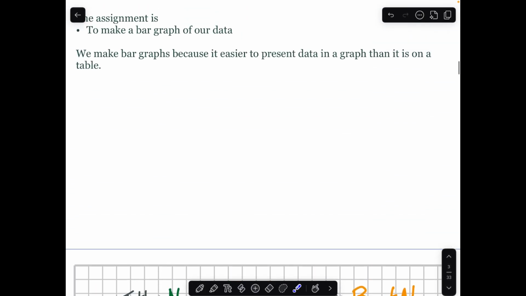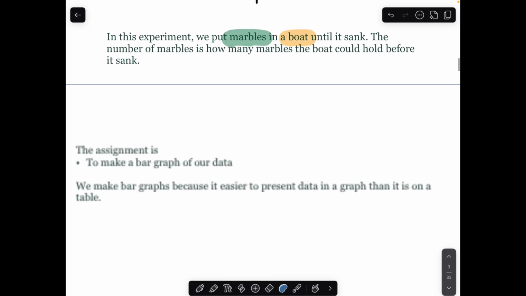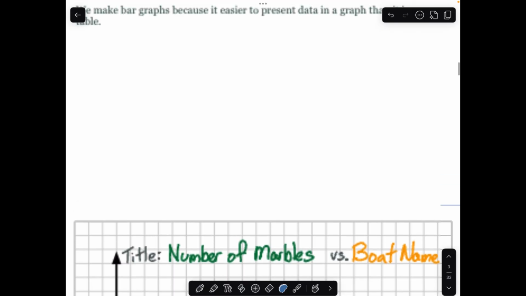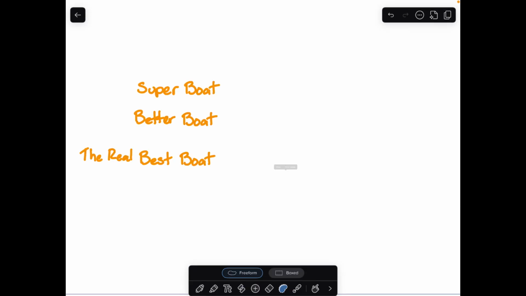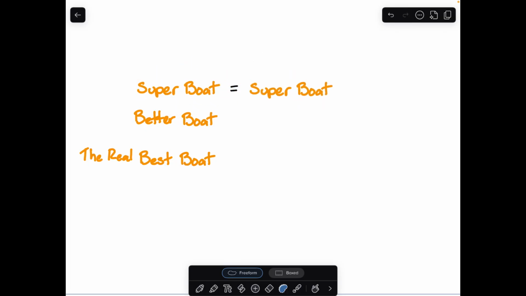Let's go ahead and get our boat names. Now I said you guys could abbreviate the boats. So let's bring these here. I think it froze on me. Superboat is going to be SB.